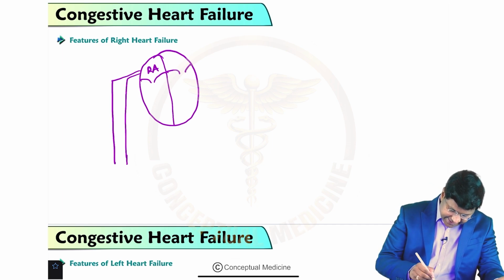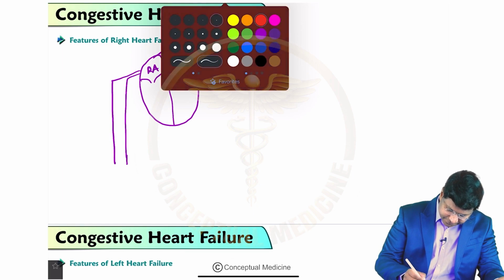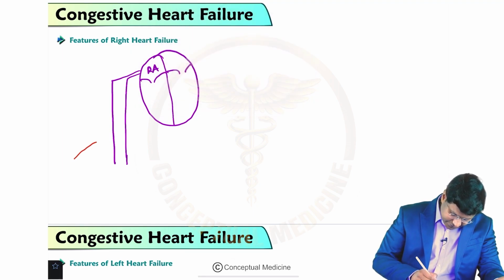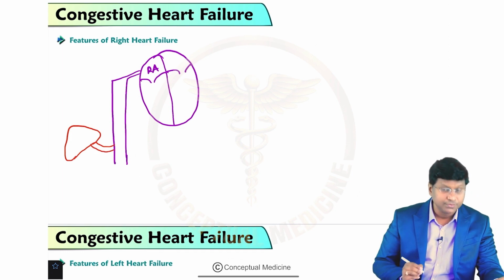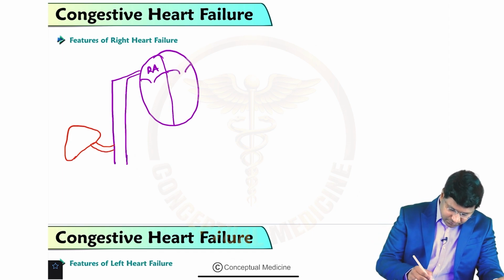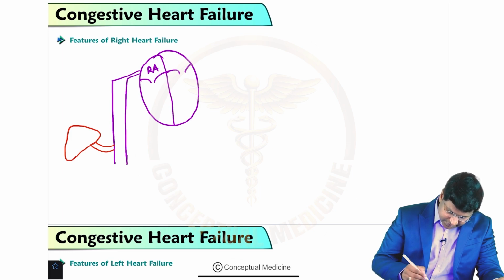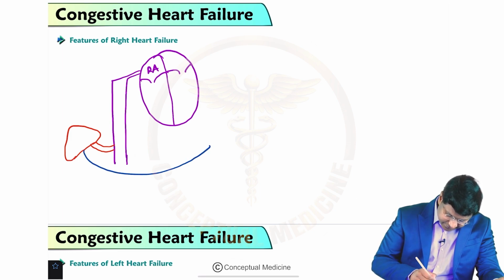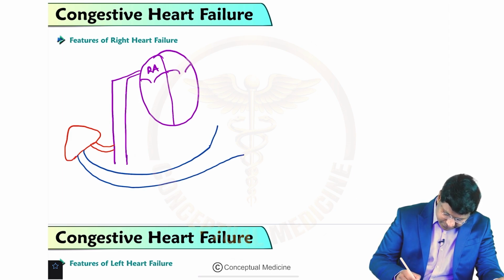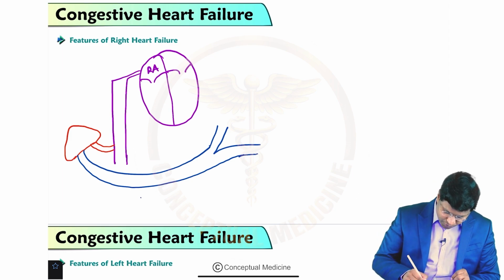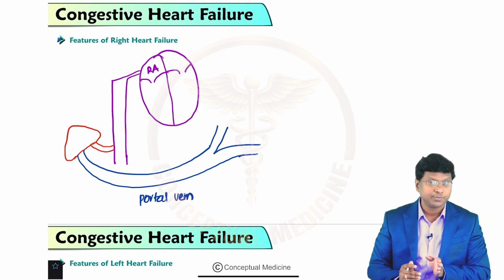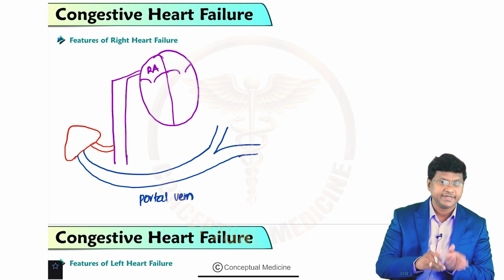And as I have said, the liver, through the hepatic veins, drains the blood into the inferior vena cava, and the liver receives the blood through the portal vein. So through the porta hepatis, the portal vein drains the blood into the liver.